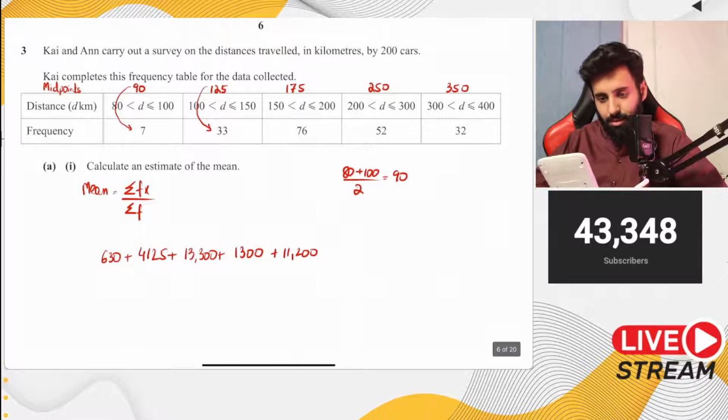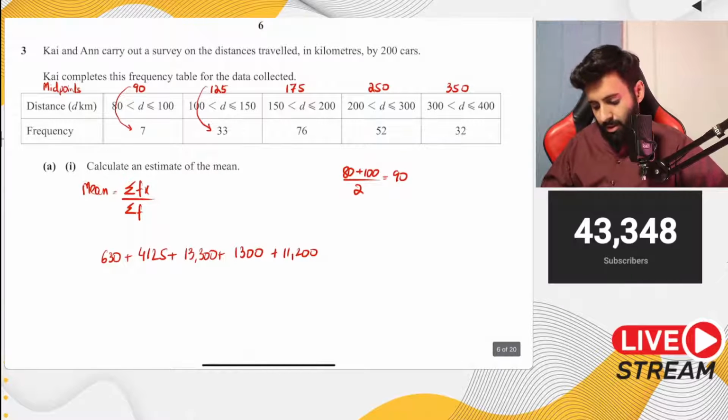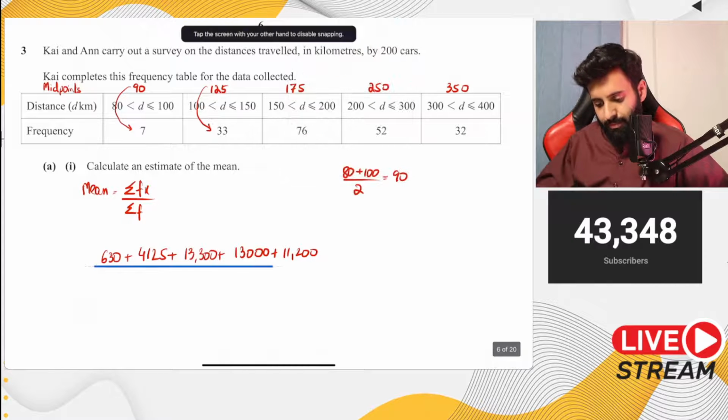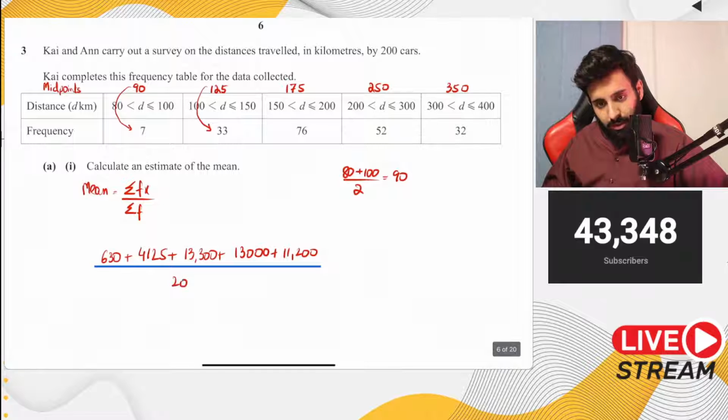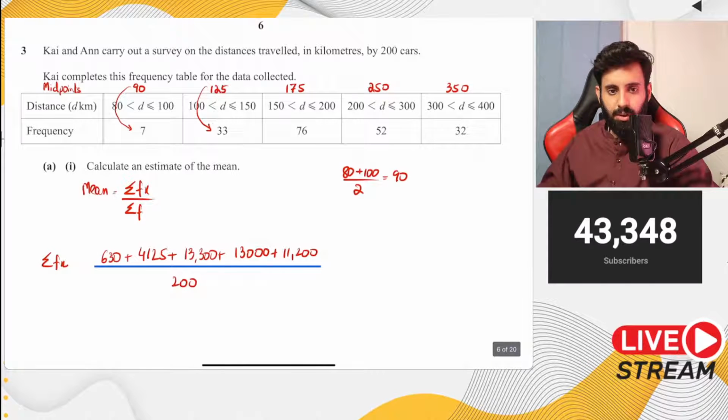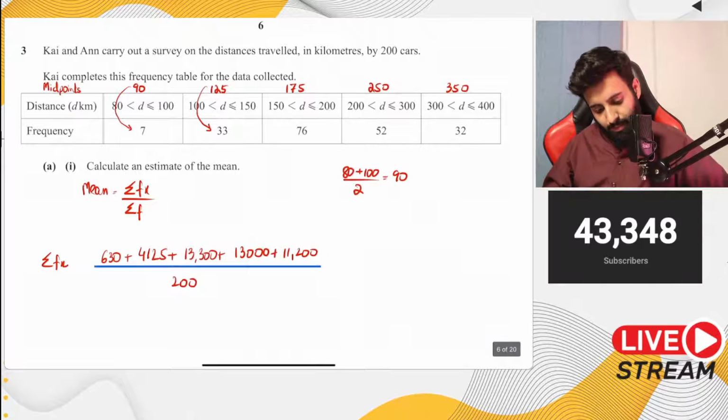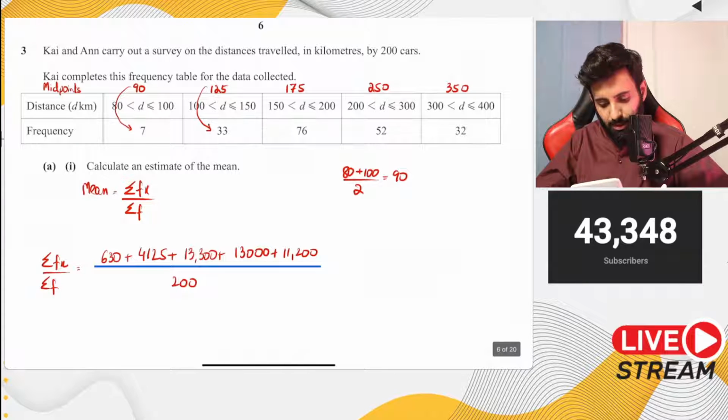Okay, 250 and 52 is 13,000. Yeah, that's what I was wondering. It's 13,000. And then we'll divide it by the total frequency, which if you read the question is clear that it's 200. So let's see what we get. 630 plus 4125 plus 13,300 plus 13,000 plus 11,200.